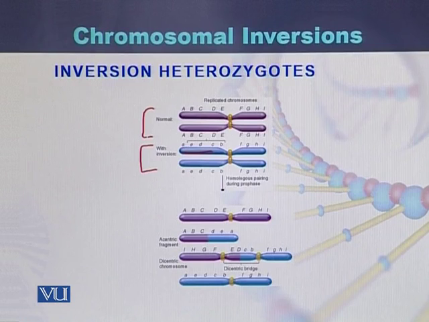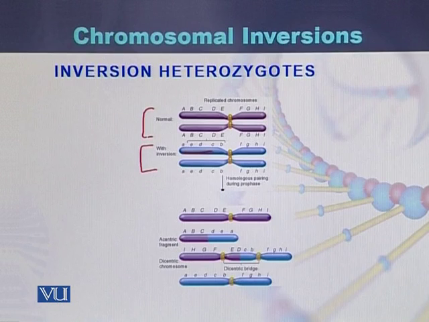If one of the strands has inversion and the second strand does not, such inversion is called heterozygote, and the individuals are called inversion heterozygotes.